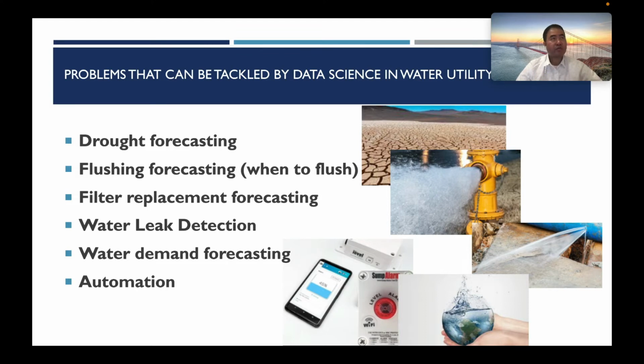The flushing operation happens once in a while whenever the water quality is not really good. But by forecasting when to flush, we can save a lot of water, energy and money, right? So I'm also building the model to forecast when to flush.